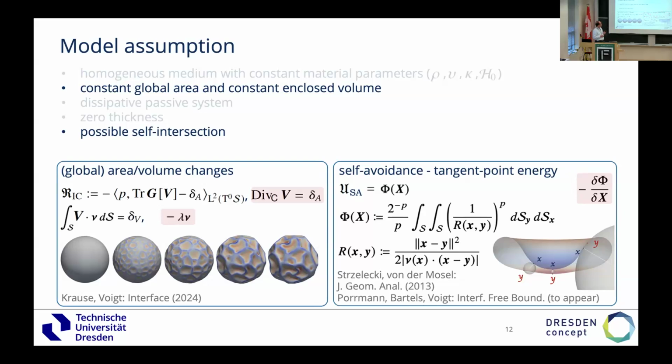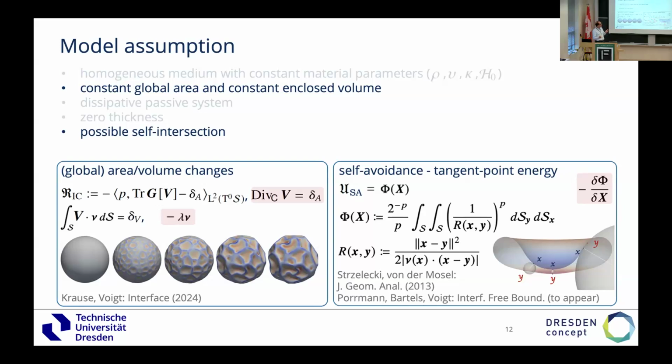Now, what is this tangent point energy? Sorry, P here is not the pressure, it's just a parameter. It's this double integral over this tangent point radius. And this tangent point radius takes into account the distance between 2 points in R3, but also whether the 2 points are close to each other on the surface or not, by considering the normal at this point and the difference.